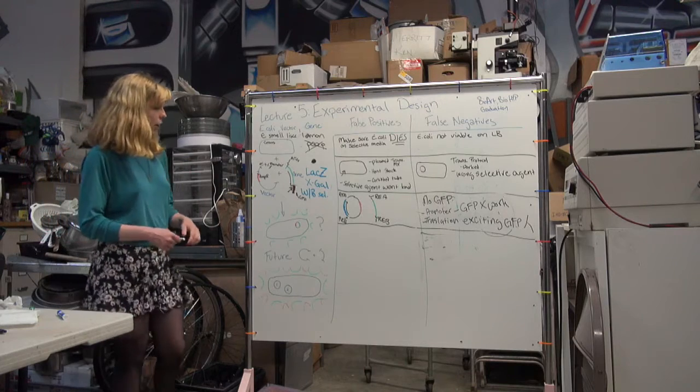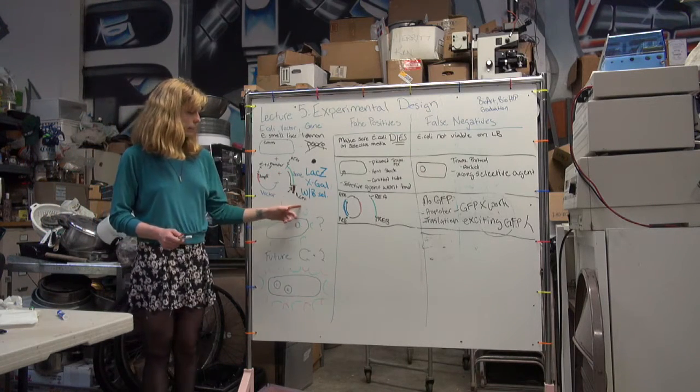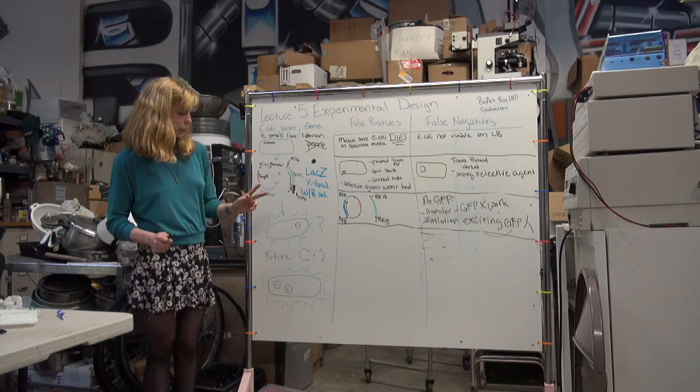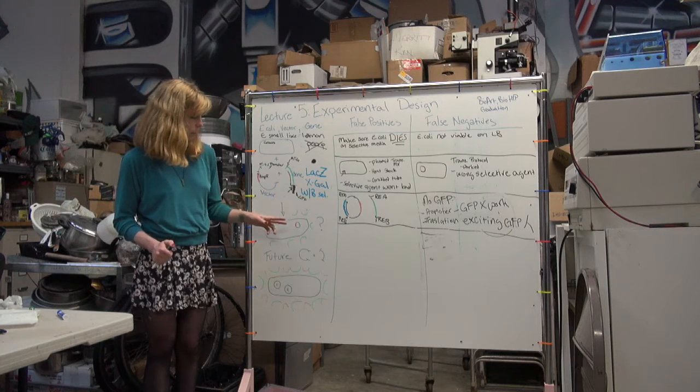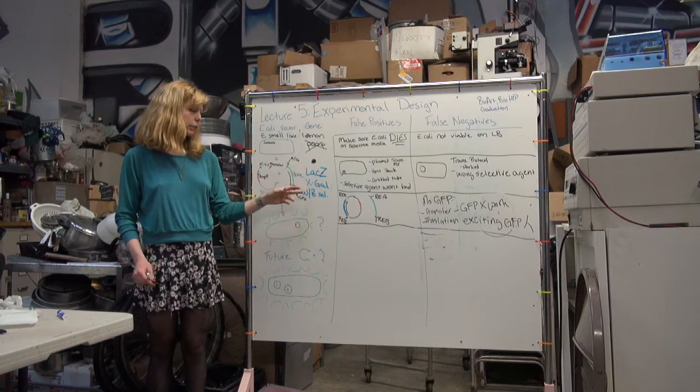All right, so you are seeing GFP, but are you getting expression? There's two things you can do. You can test to see if the messenger RNA is being made for your gene of interest.